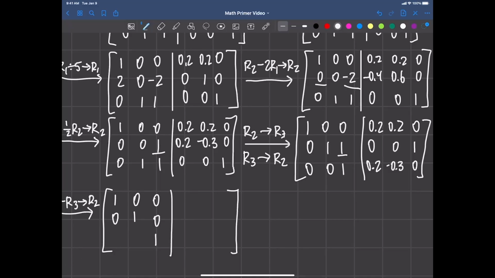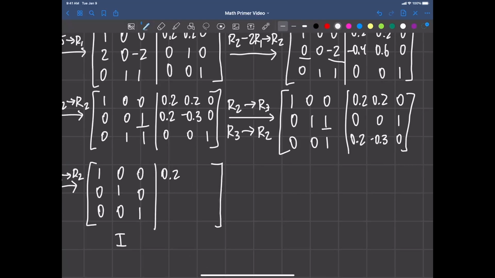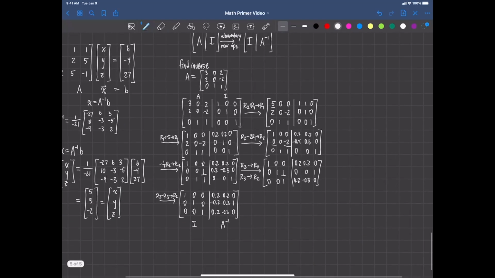We get the identity matrix, and we do the same thing on the right side. And this is the inverse matrix of A, and that's all. We found the inverse.